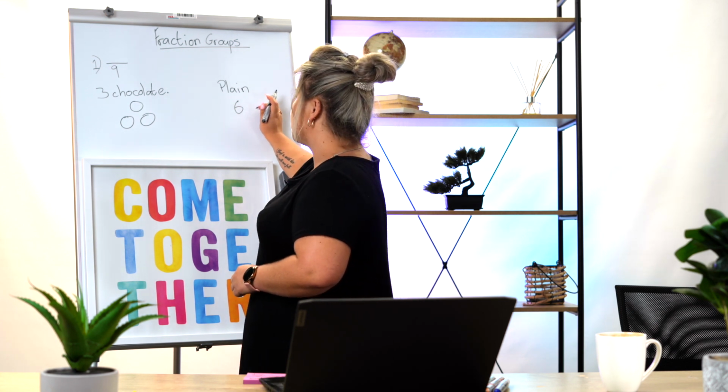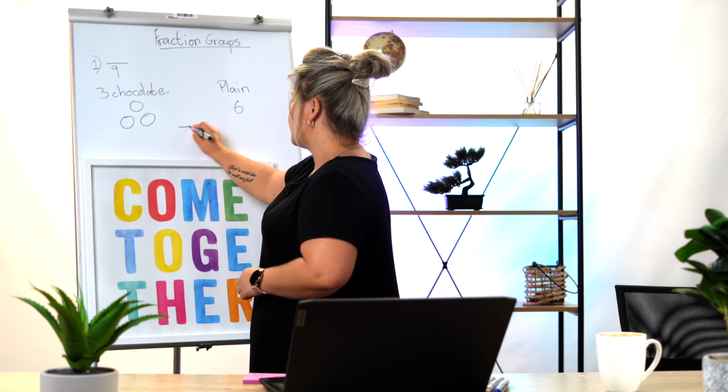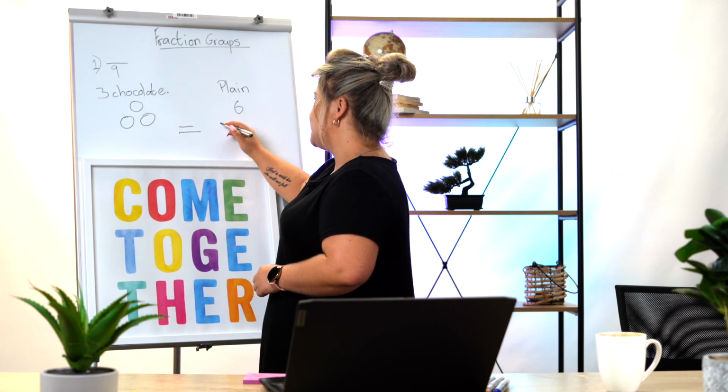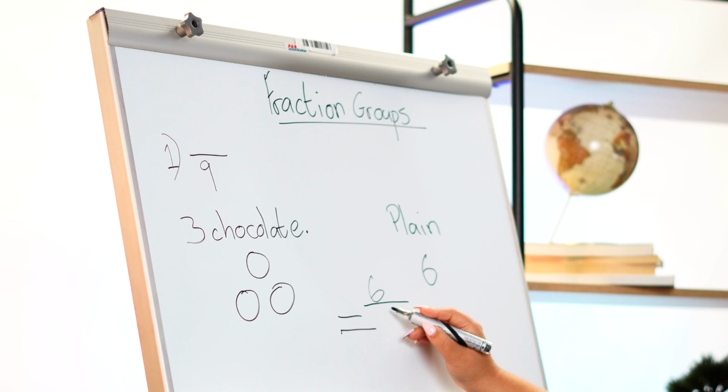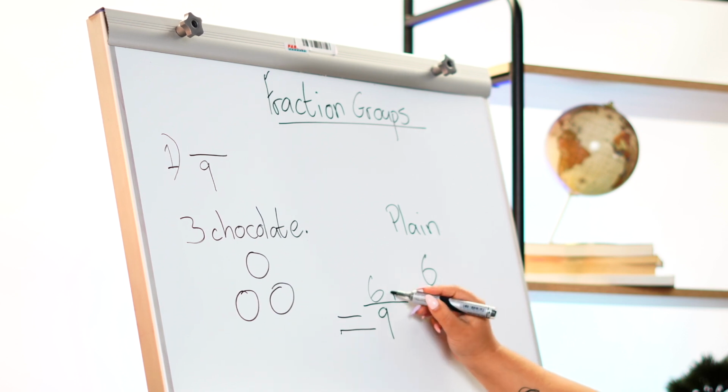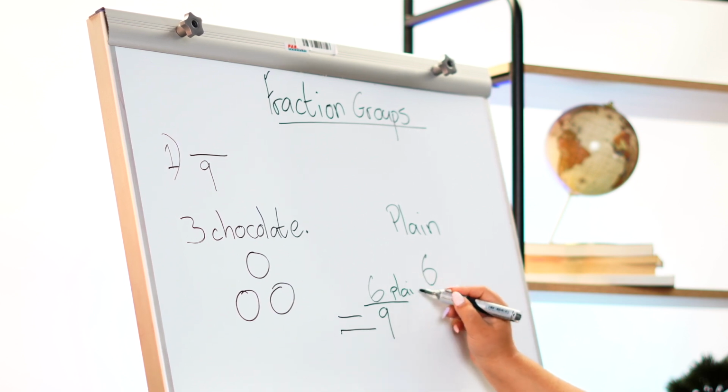So, which number do you think we're going to write as our numerator? Well done. We would end up writing the 6. 6 out of the 9 croissants are plain. Let's now put that into the iRainbow software and see how we did.